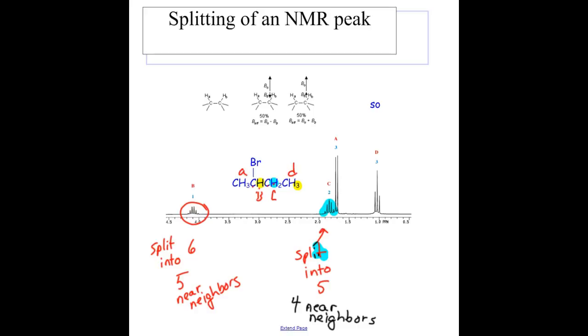A, my CH3s, have 1 near neighbor because it's split into 2 peaks, and D has 2 near neighbors because it's split into 3 peaks. Those little numbers above it, that's telling me how many identical hydrogens there are. So there's 1 B hydrogen, 2 C hydrogens, 3 A hydrogens, and 3 D hydrogens.